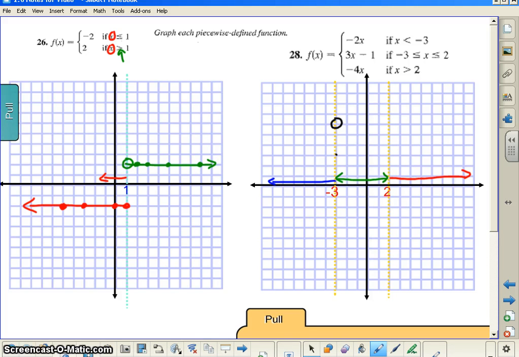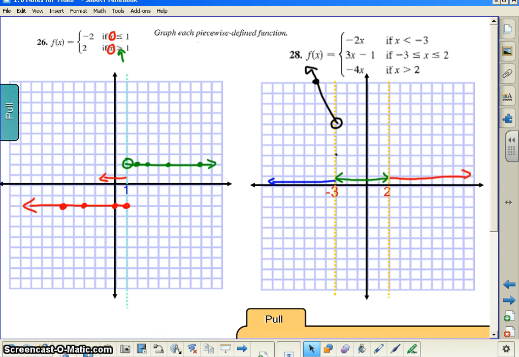Let's take negative 5. Negative 2 times negative 5 is positive 10. Okay, and this is going to be a linear graph.